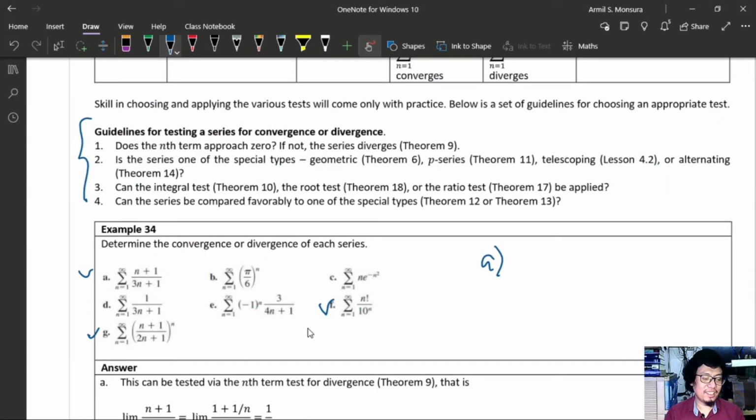I'll just walk you through the thinking process on how to use these guidelines and how they apply.